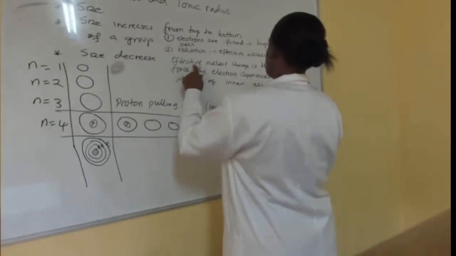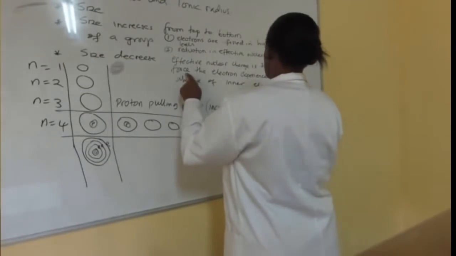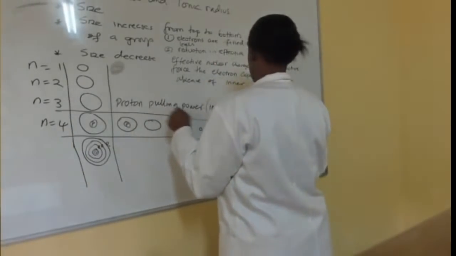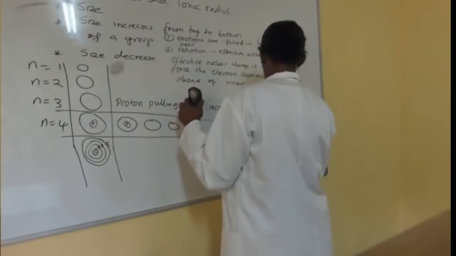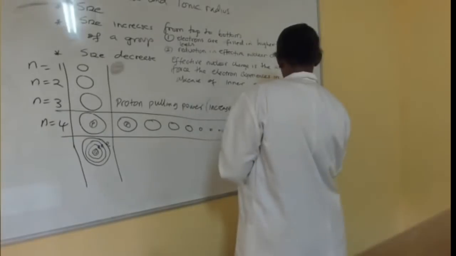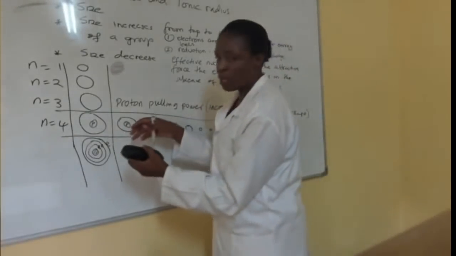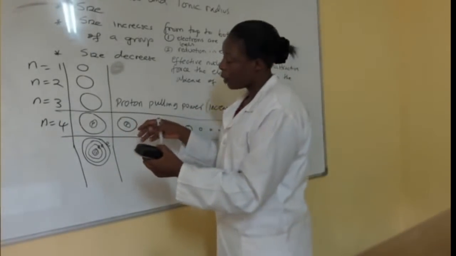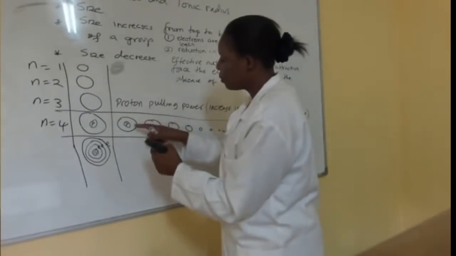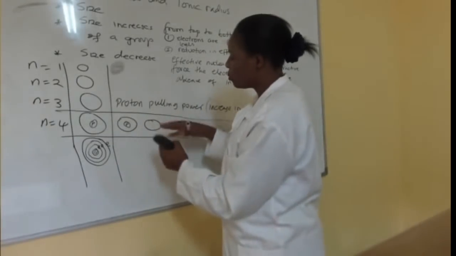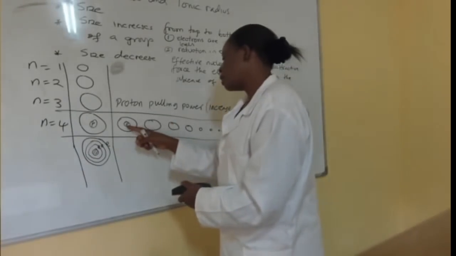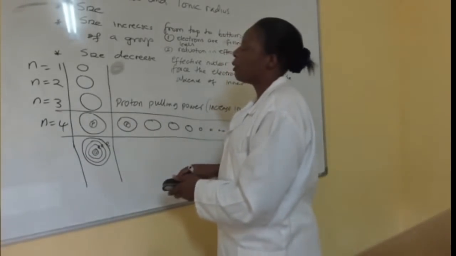Effective nuclear charge is the attractive force from the nucleus to the electrons. So the force of attraction between protons and electrons will be increasing as we move from left to right. Therefore, these atoms will decrease in size because of the increase in proton pulling power.